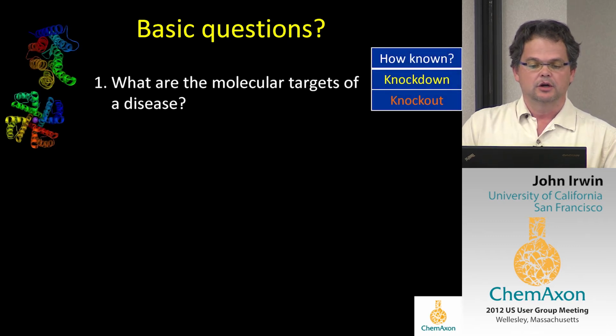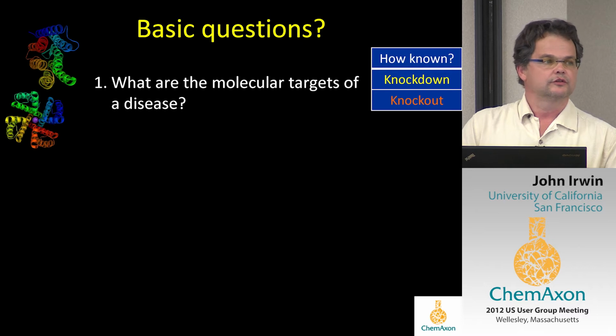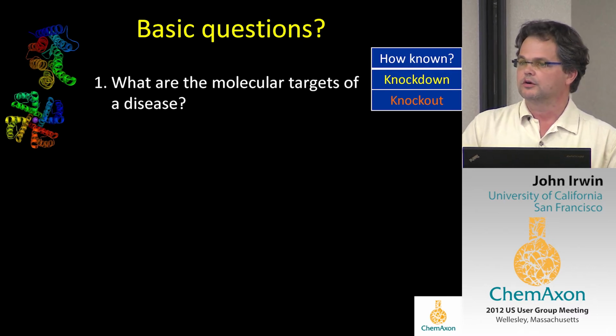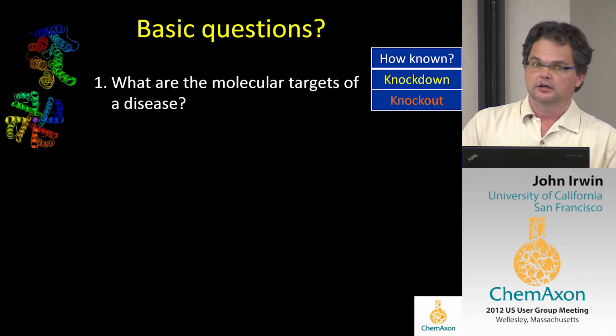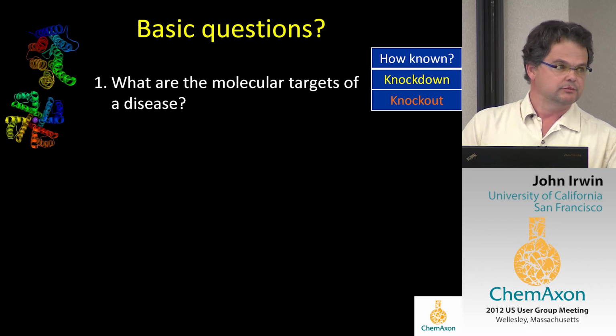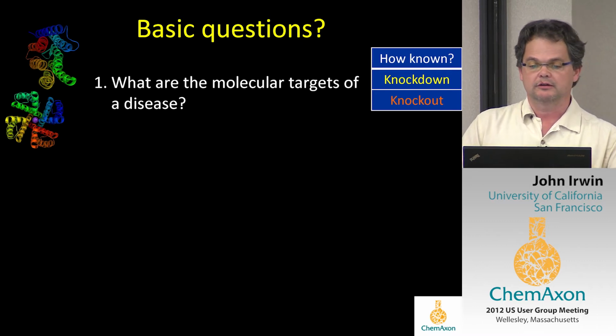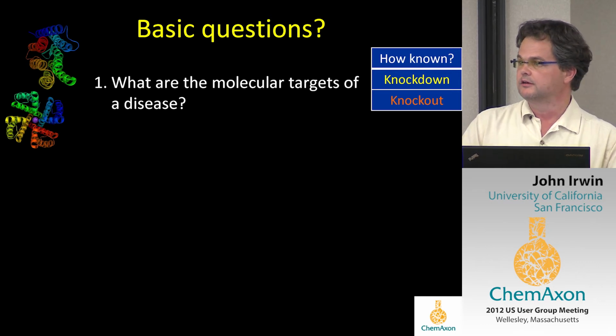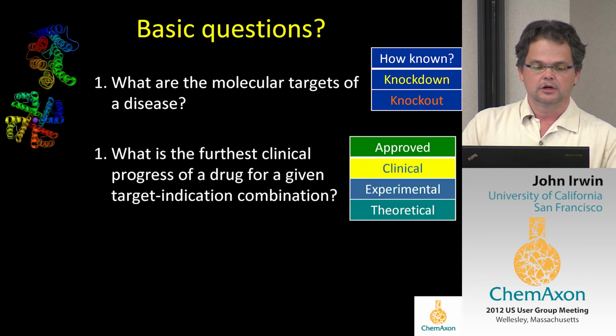For example, what are the molecular targets for a disease? So think of a disease. Now, what are all the targets that have been shown to be suitable for developing a treatment for that disease? And has there been a knockout experiment, a knockdown experiment? Of course, these experiments can only be done in animal models, not in humans.